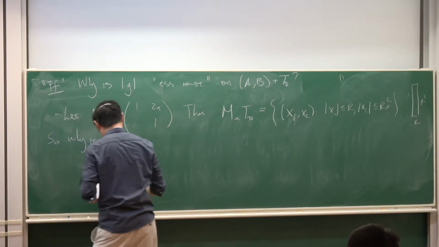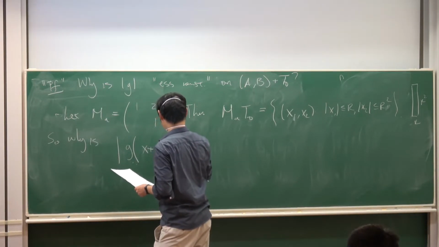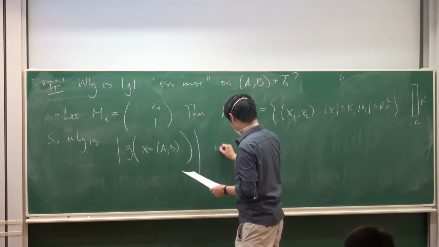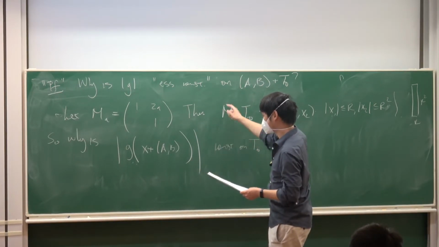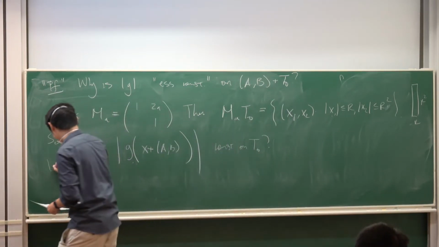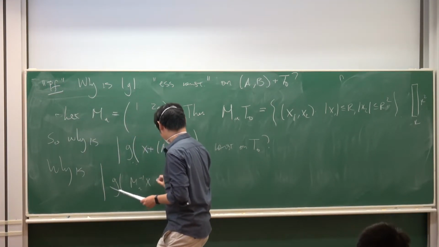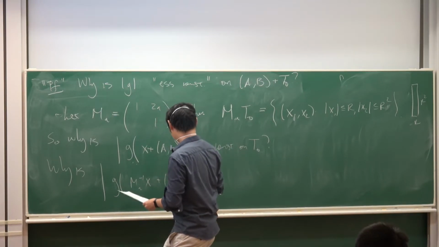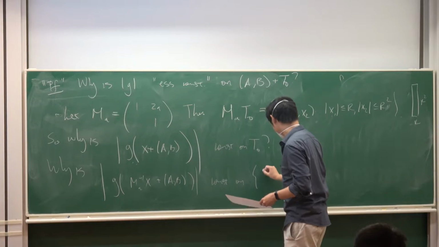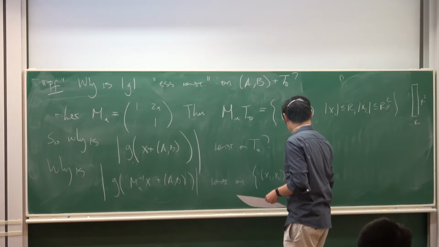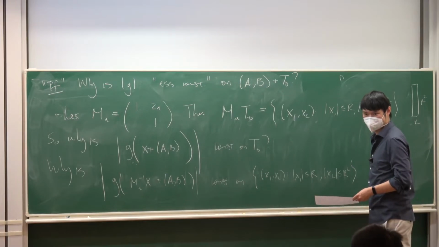Why is G of M inverse y plus AB, absolute value, constant on this vertical tube? Same question. I've just applied matrices.